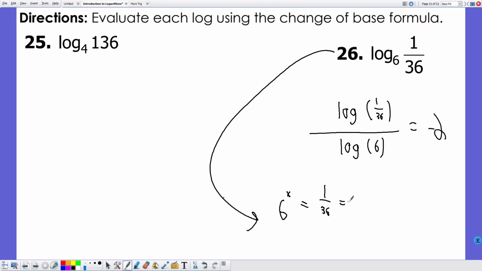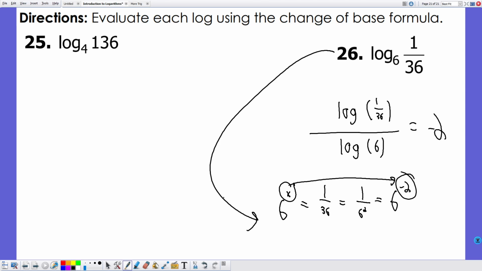Well, 36 is 6 squared, and we know the fraction is a negative exponent. So it might have been easier to find without the change of base formula, but it's still an option we have if you're being lazy, or maybe your number sense just isn't tuned enough to see those patterns. But hey, no judging here.